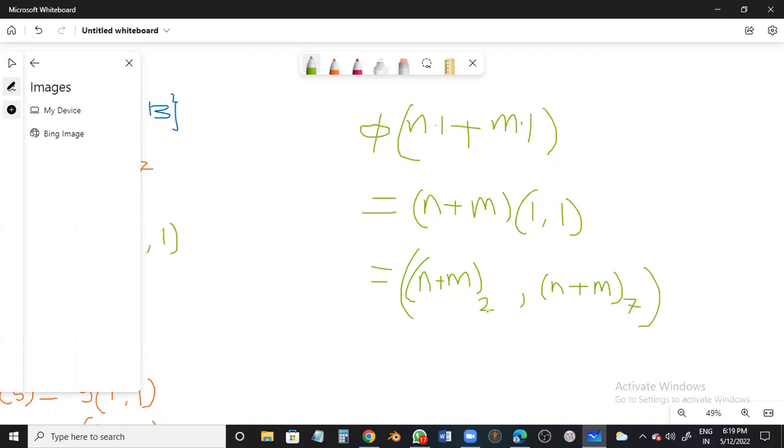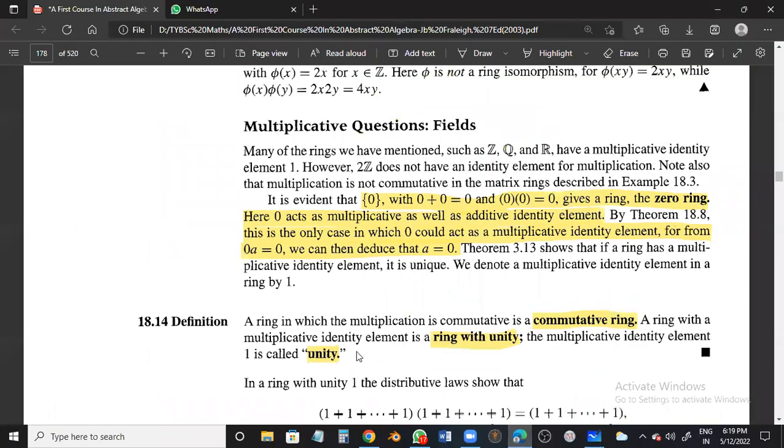Is it sure? So very naturally, this is going to be phi of n plus phi of m. So phi satisfies addition.